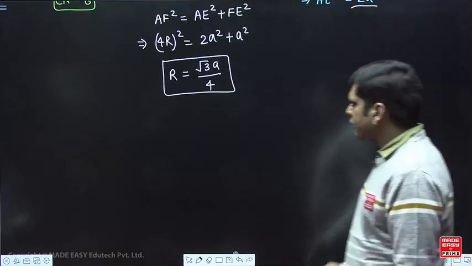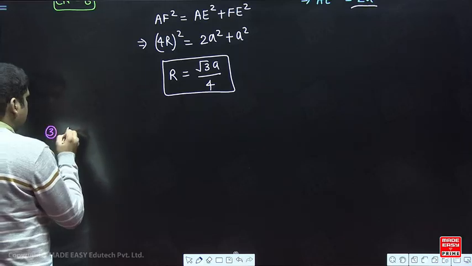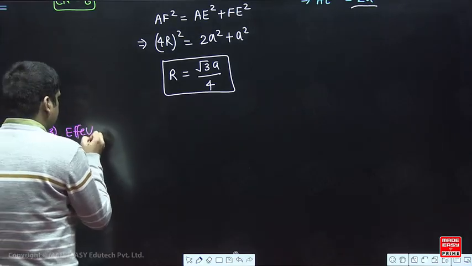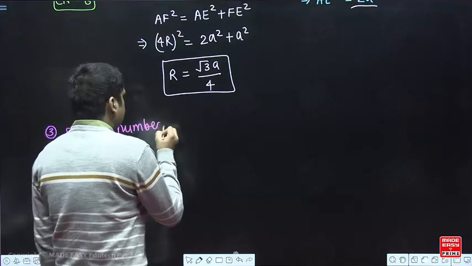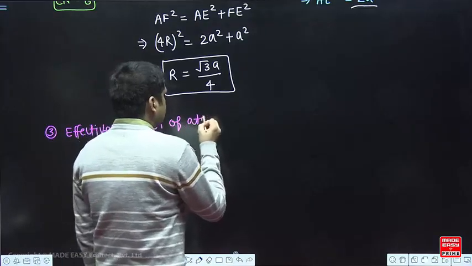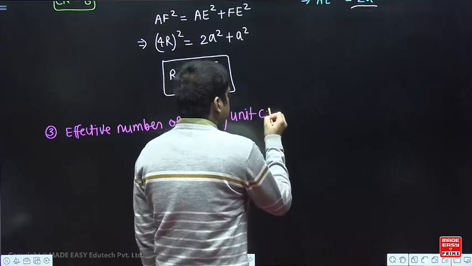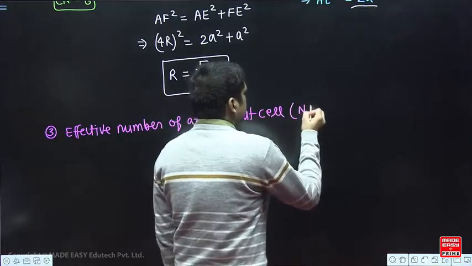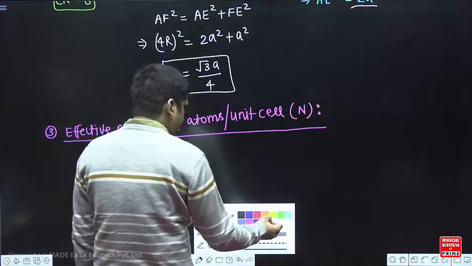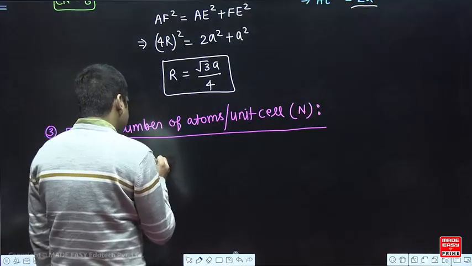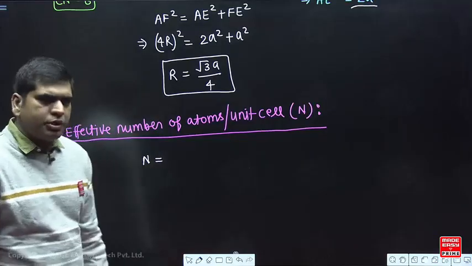Now suppose we want to calculate the effective number of atoms per unit cell, the third parameter. N is equal to, still, each corner atom will contribute 1 by 8.